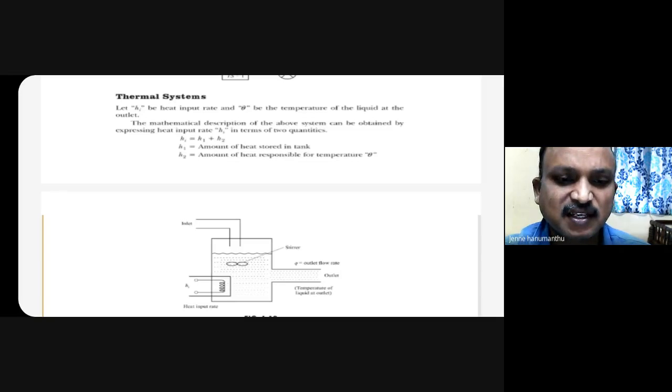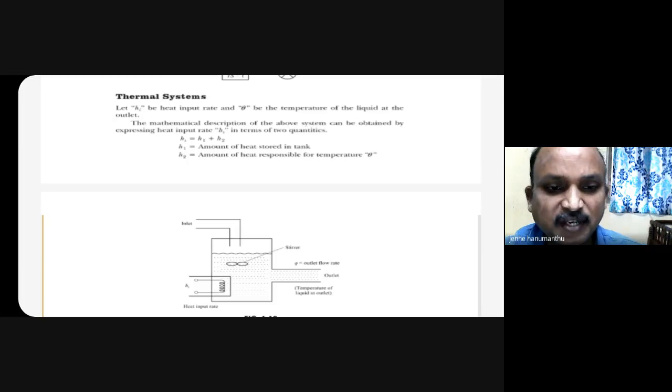But as an instrument engineer, with this available thermal system, our main aim is to maintain the temperature within the tank. That is our main task. You can maintain the temperature within the tank as constant, or you can maintain the output flow rate as constant. That is in our hand. Sometimes you can also maintain the outlet temperature.